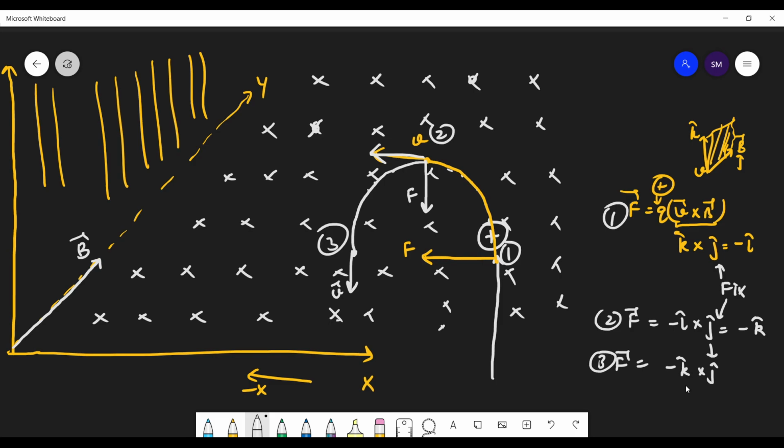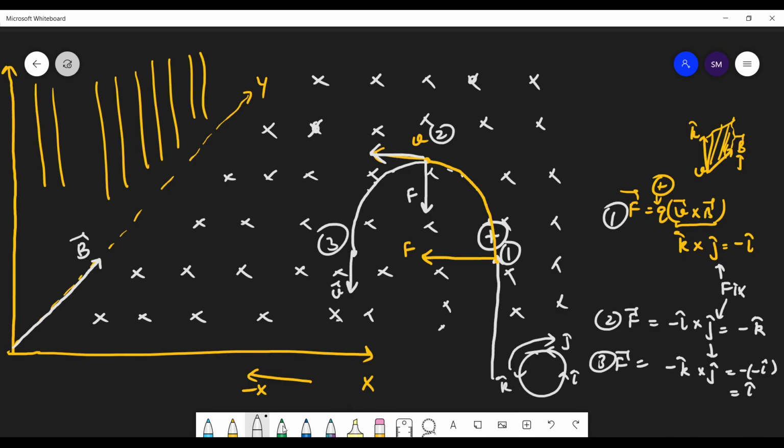So what is k cross j? See, i, j, k. So k to j is moving in the opposite direction, that's minus i cap.